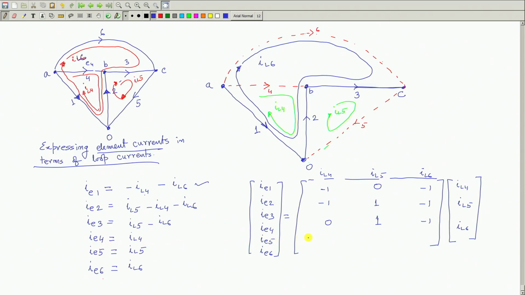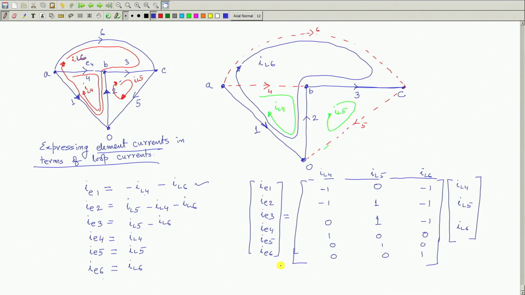IE4 is only IL4. IE5 only IL5, and finally, IE6 is only this one. So, let me put it in the proper perspective. So, this is the matrix.